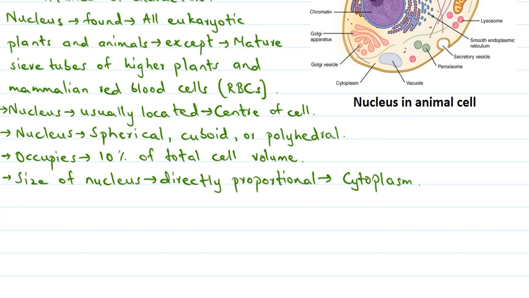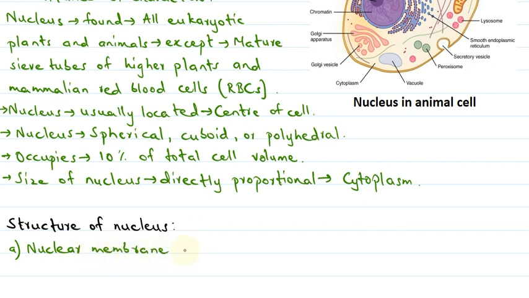Now let's see how is the structure of the nucleus. So the structure of nucleus. Okay, so the nucleus is made up of some structures, and these are the nuclear membrane, or it can also be called as the nuclear envelope.